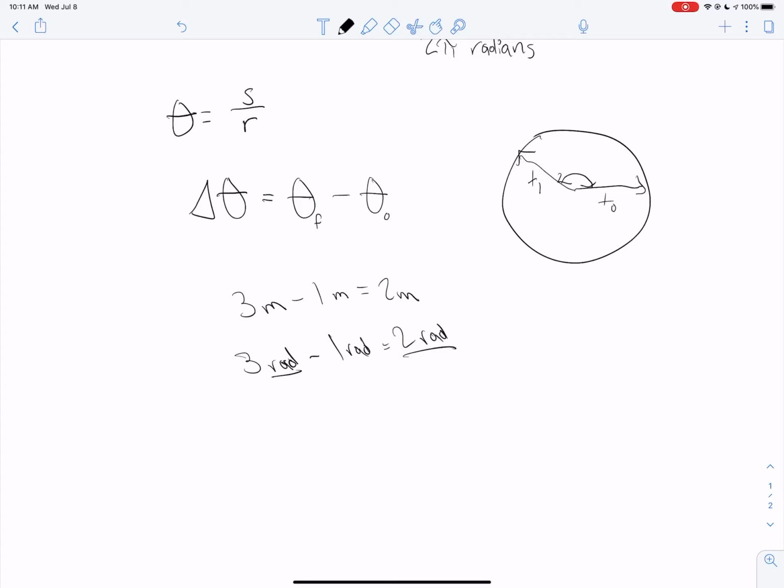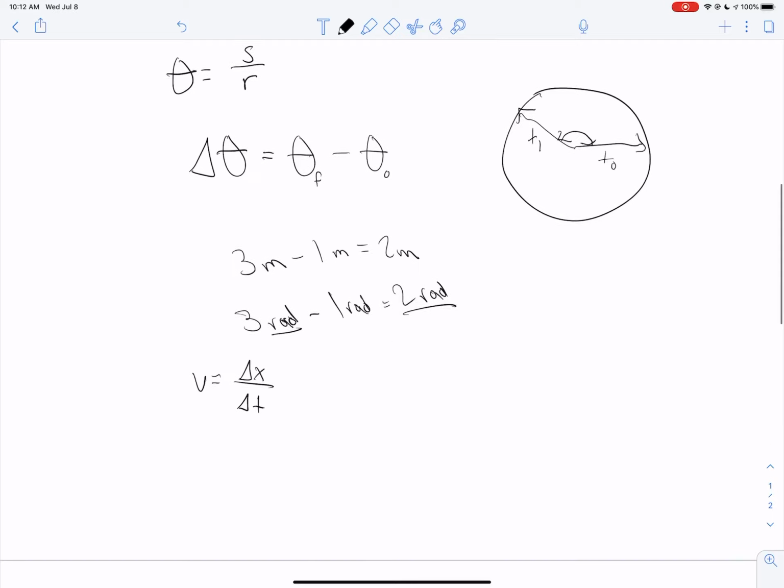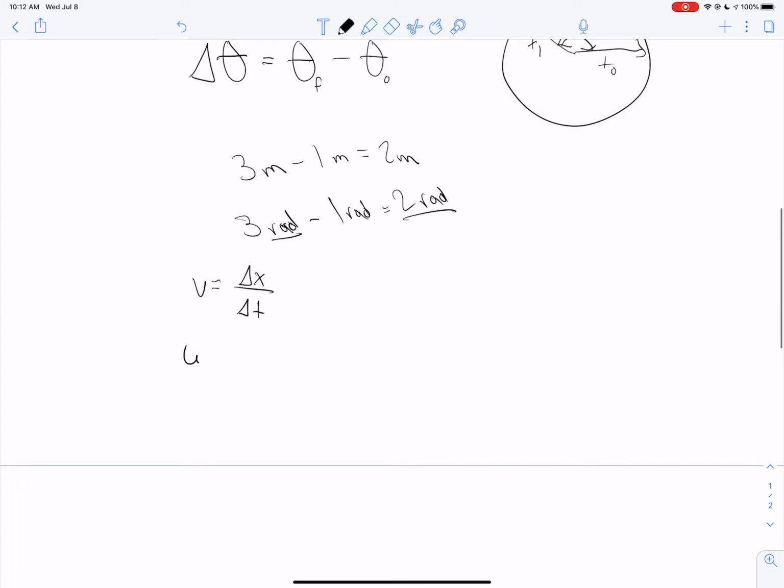Now that we have this, we need to apply it to our understanding of rotational kinematics. If you remember from linear kinematics, we would have velocity equals distance over time. In rotational kinematics, we're going to introduce the symbol omega. It looks like a W, but it's the omega symbol, the Greek letter.